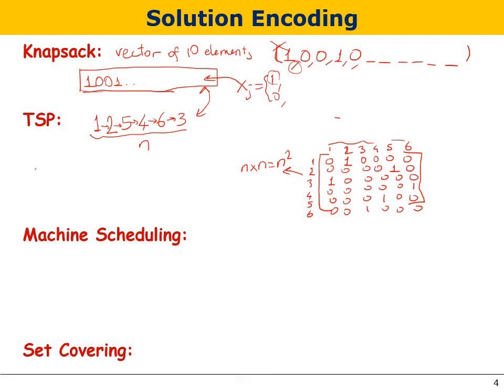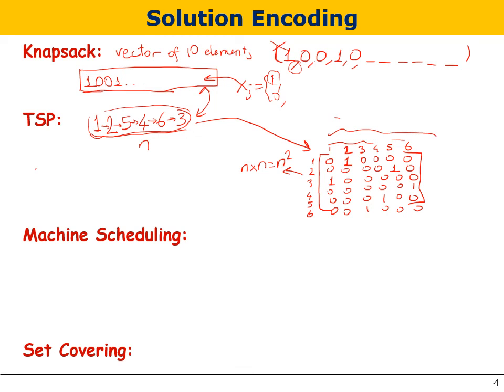From this representation, as I said, you can immediately shift to the other representation. It's also easy. Later on, when we see neighborhoods, and for example in genetic algorithms the crossover operations, making crossover in such a table representation may be difficult.